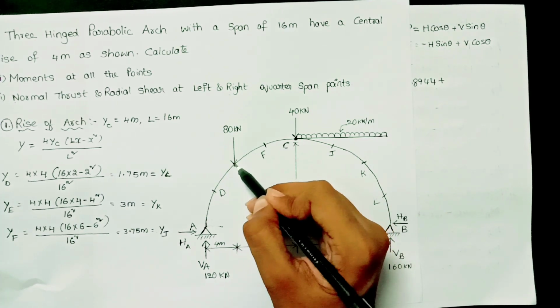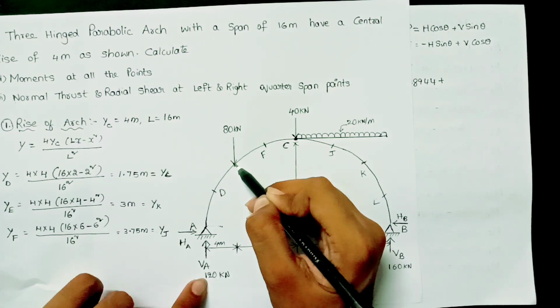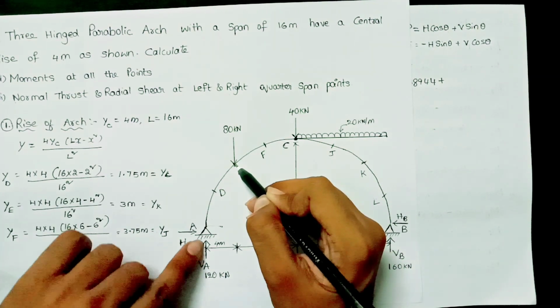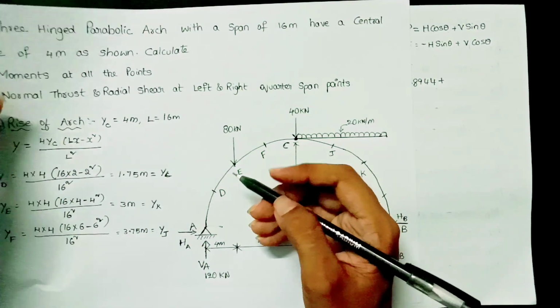So the shear force at E, coming from the left side, upward is positive. On the left hand side we have the reaction 120 kilonewton acting in the upward direction, so upward positive 120 kilonewton.